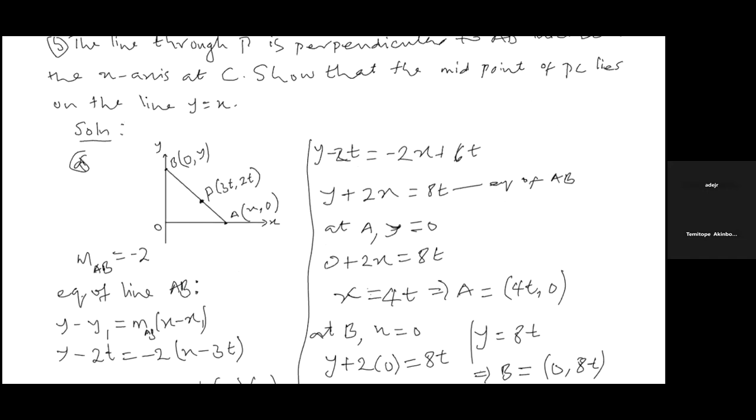That means there is another line drawn perpendicular to the first line AB, and this time the line passes through point P. That's what the question is saying. And we were also told that it intersects the x-axis at C. So let's show that line now.